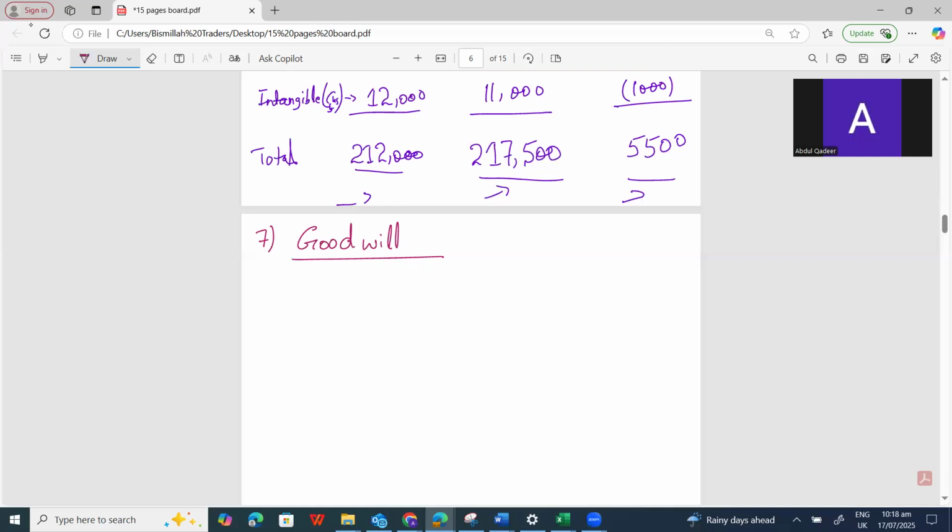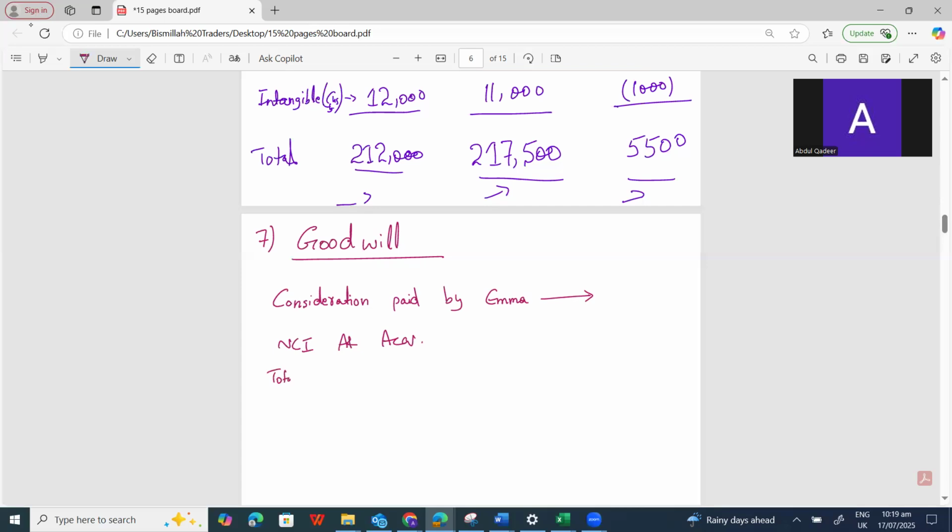As you know, what is the formula of goodwill? Consideration paid by parent, which we have calculated, and then NCI at acquisition. What is meant by NCI at acquisition?